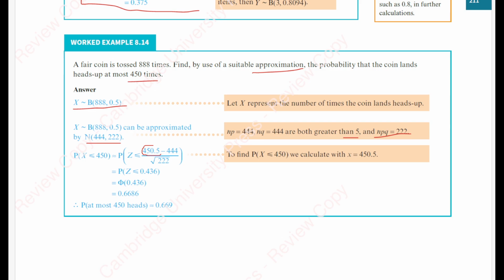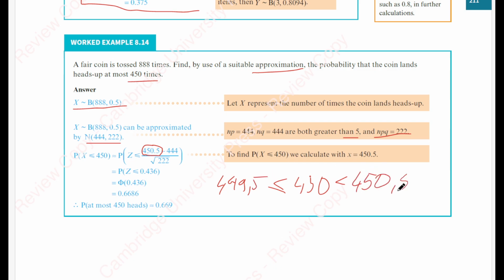Please remember that you want to approximate a discrete distribution by a continuous one. That's why you need to make a continuity correction. And if you make a continuity correction, you need to take 450, which is in the class like this, so here 449.5 and 450.5.